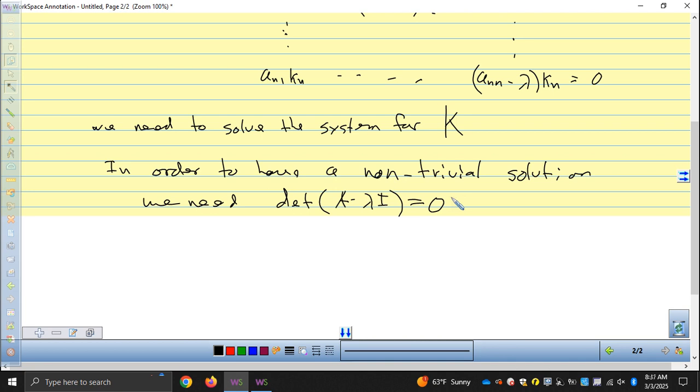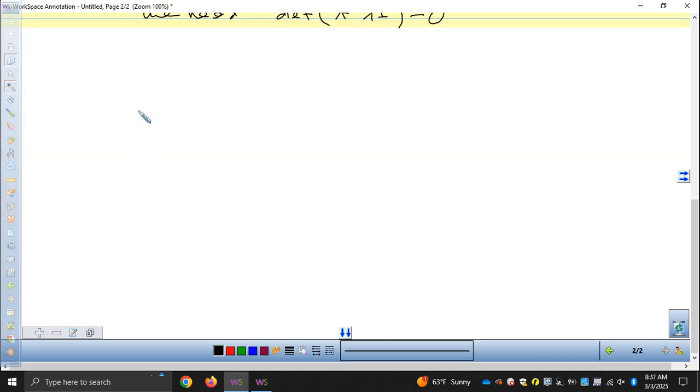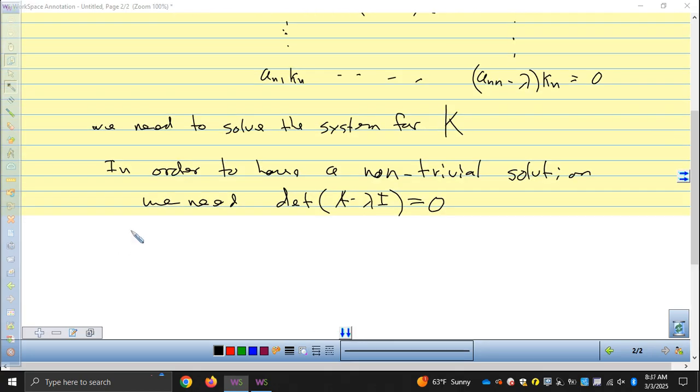Well, that determinant gives us a polynomial in lambda. So we can solve that polynomial, whatever powers of lambda equals 0, for lambda.